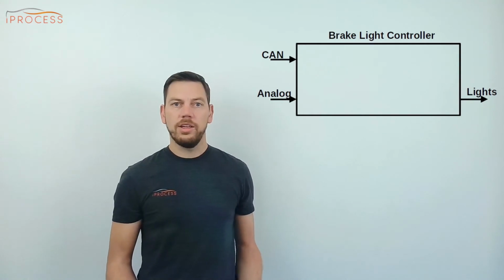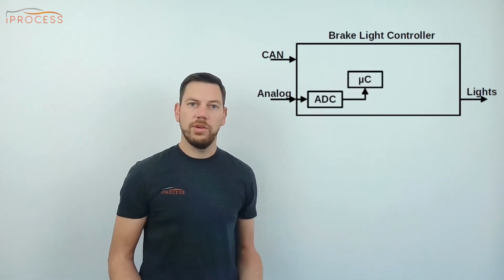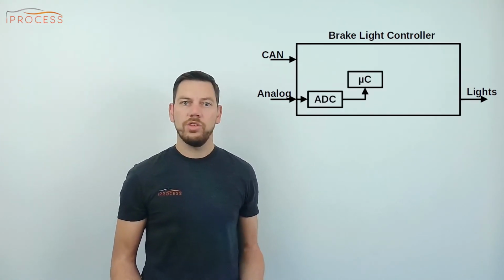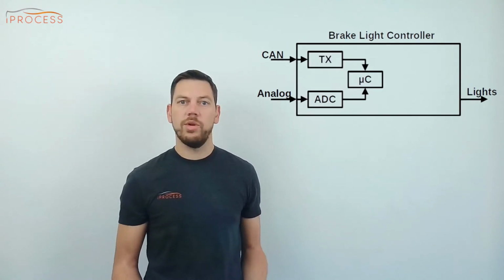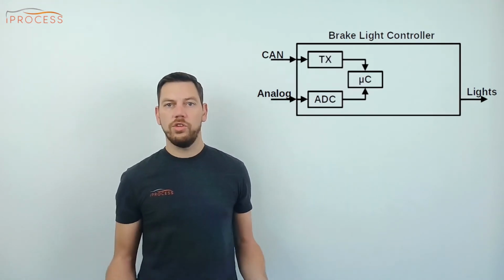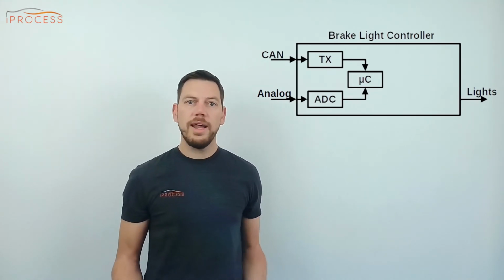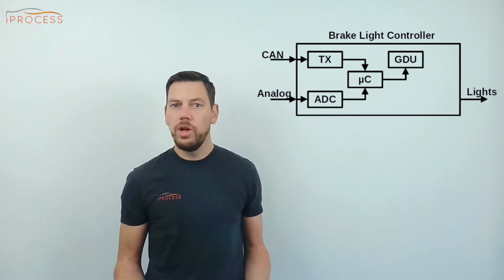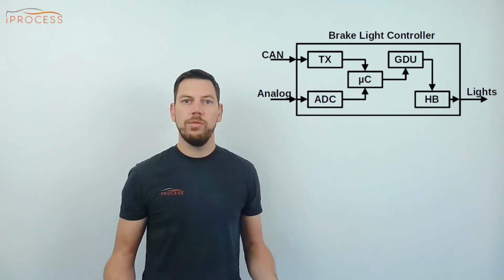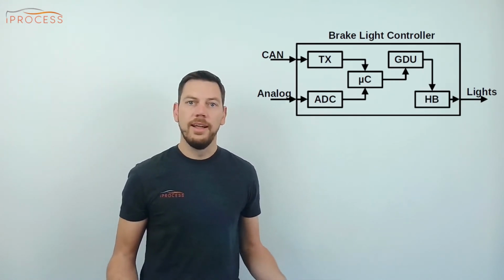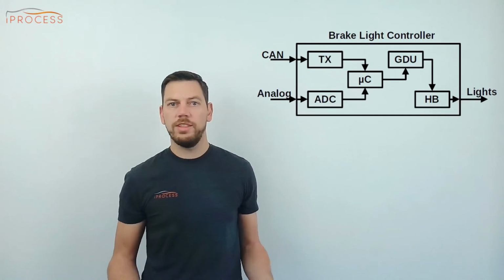The analog signal goes through an analog to digital converter, or ADC, to the microcontroller, while the CAN information is coming through a CAN transceiver. The microcontroller consumes both inputs and turns the brake lights on accordingly by commanding a gate drive unit, or GDU, to open a half bridge that then will provide power to the light. Again, simplified architecture for the purpose of this example.